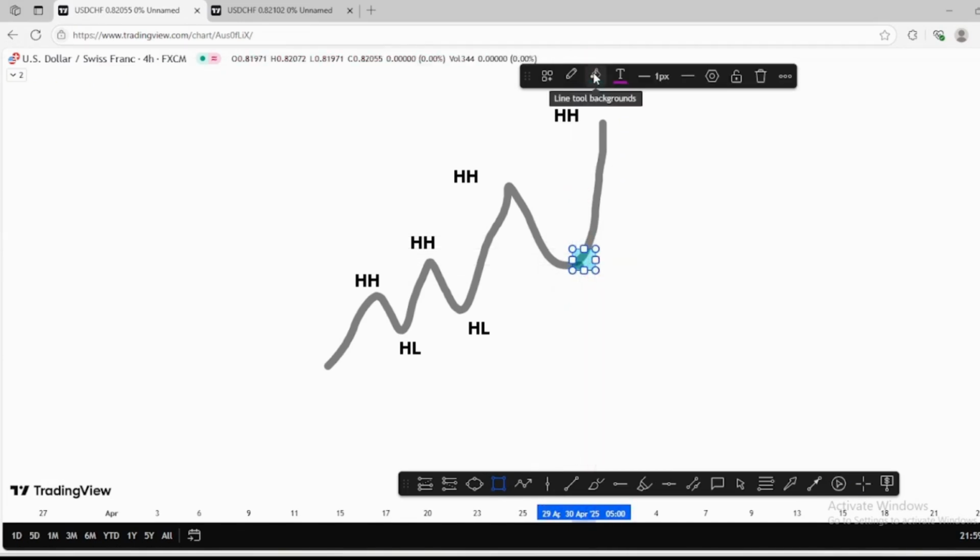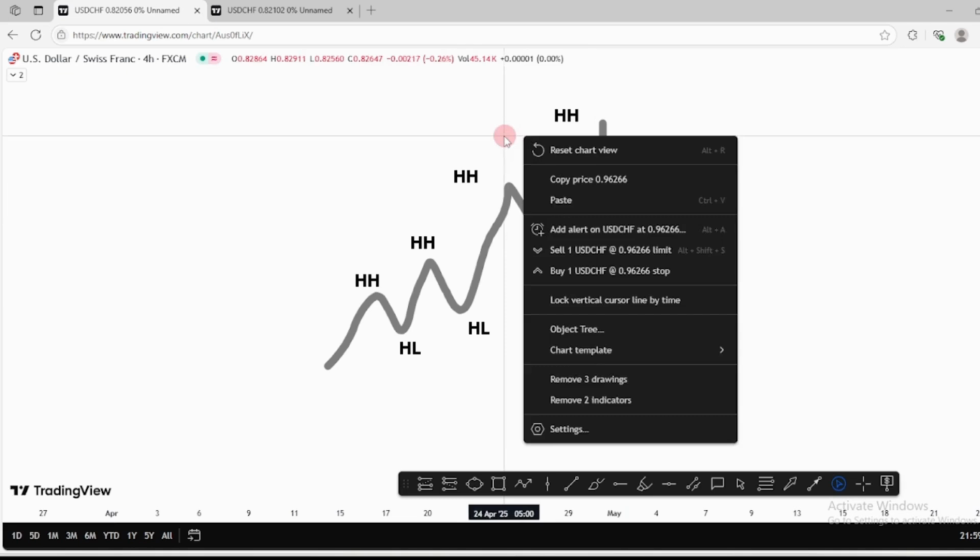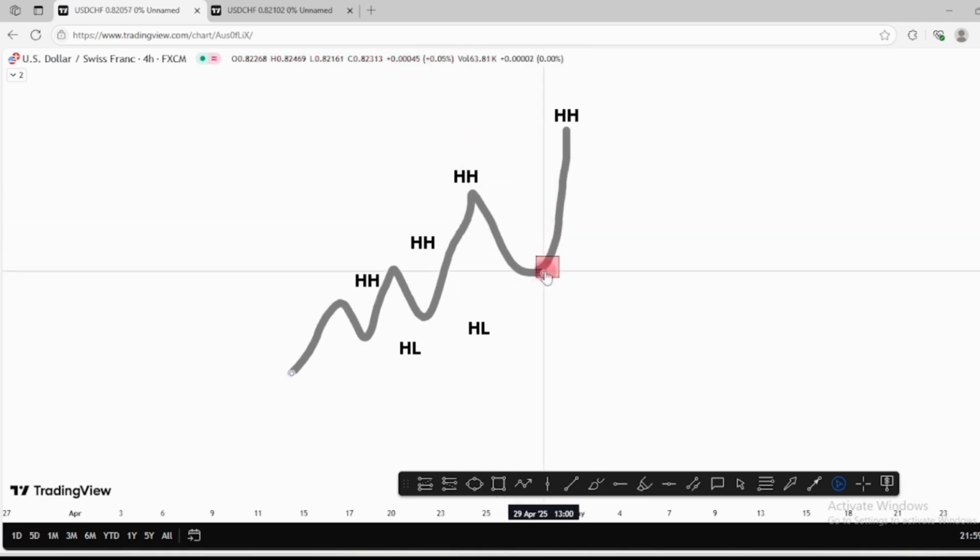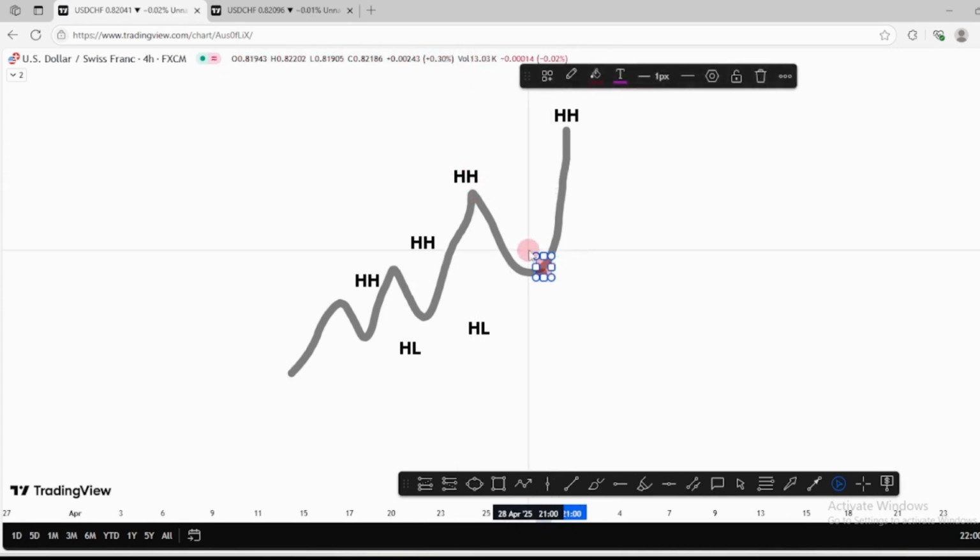Let me change this color. The last candle that is formed for price to push up and break the previous structure is what we call an order block.